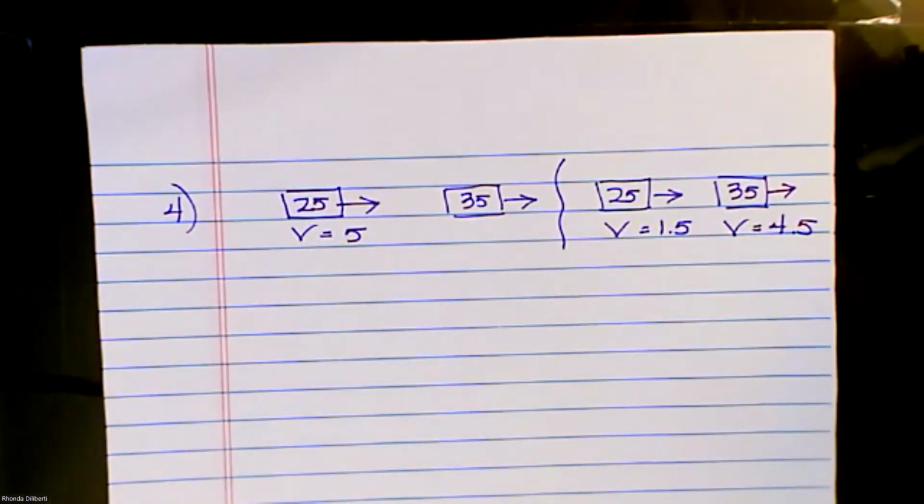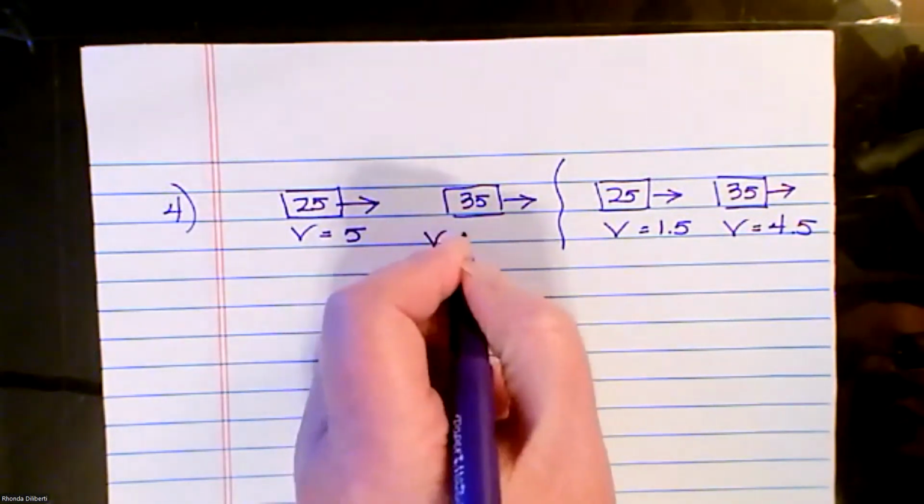So again, this is an elastic collision, and it's not a head-on collision, and they're not bouncing back in opposite directions. All right, so question, determine the velocity of the 35 kilogram car before the collision.